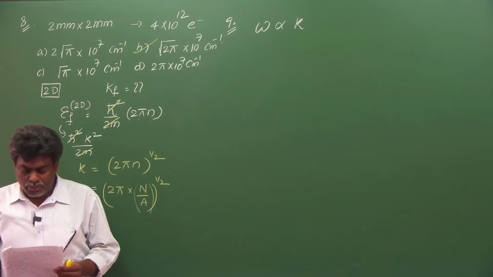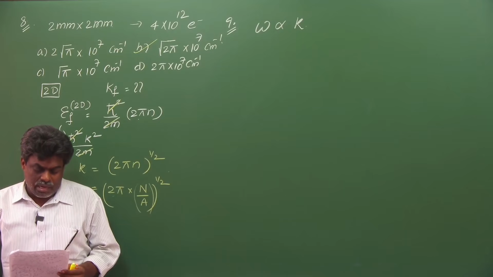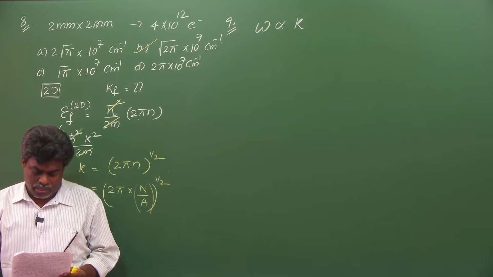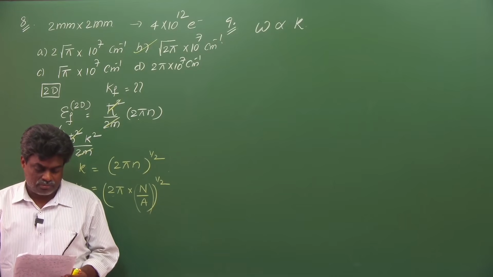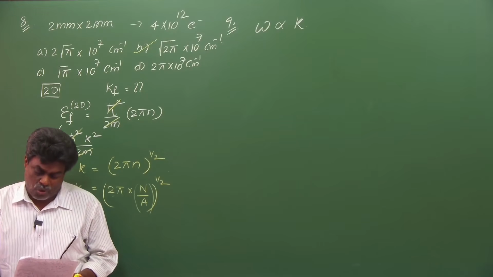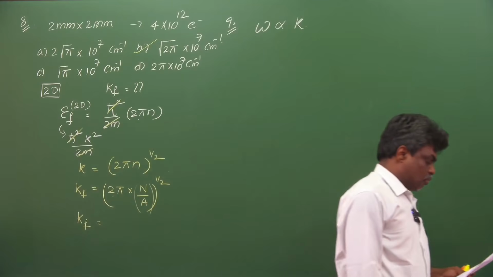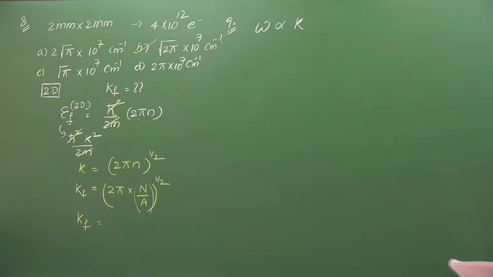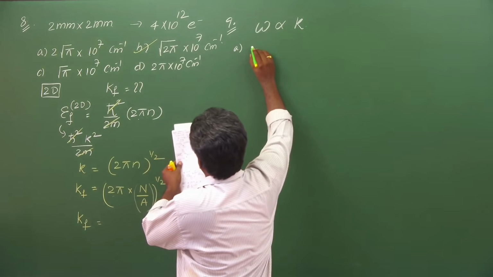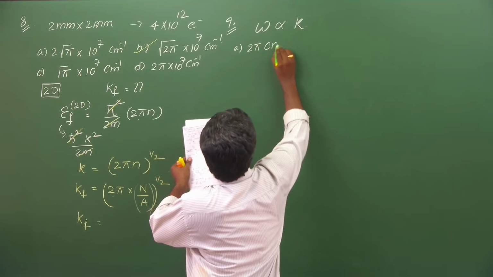If n is the number density of the atoms and c is the speed of phonon, then find the Debye frequency.